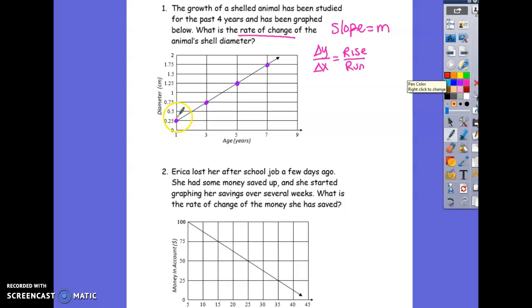I'm going to pick this one and this one. Okay? And I'm going to put it in my table. So this point right here is at 1 and 0.25. So 1, 0.25. And this point right here is at 3 and 0.75.